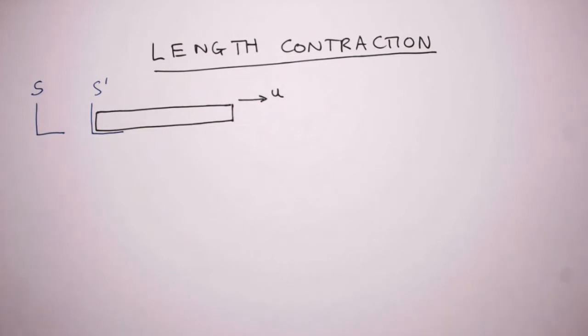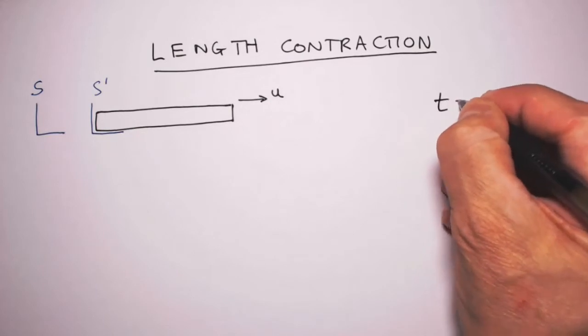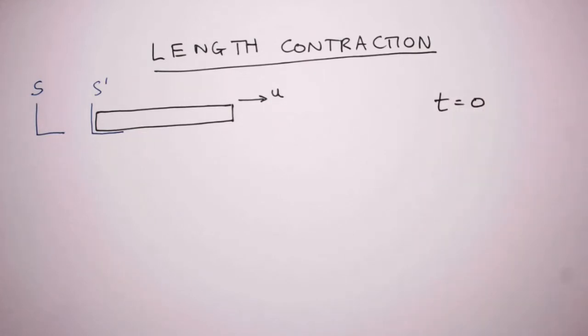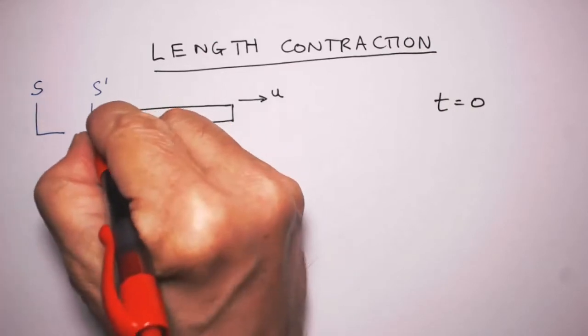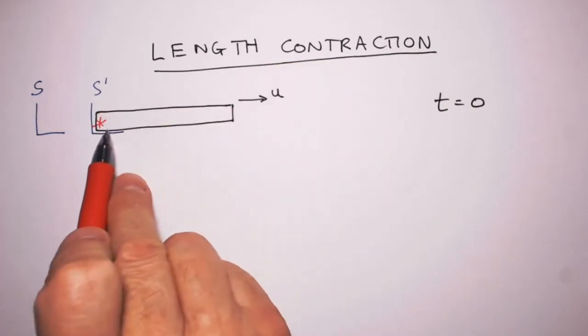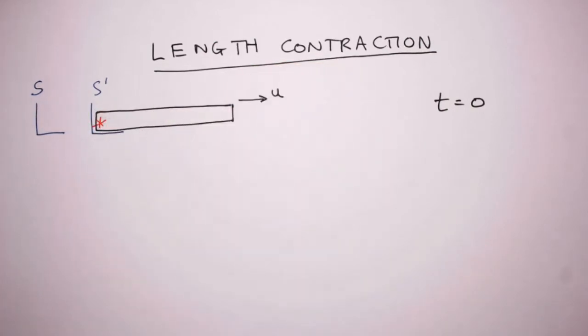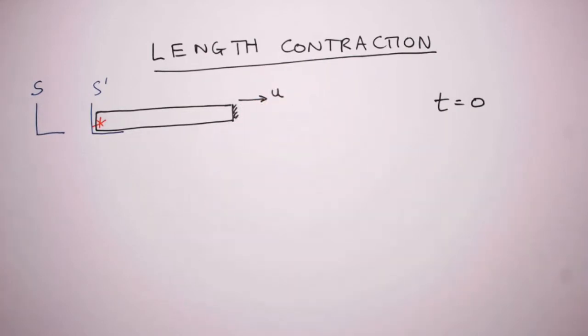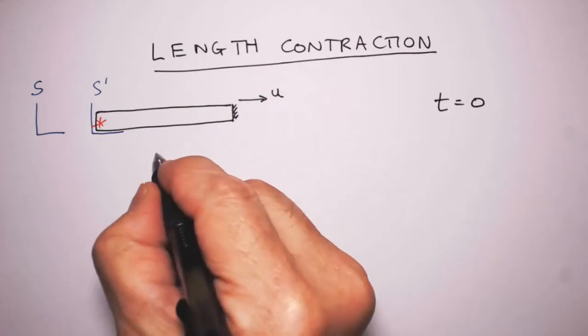So let this be at t equals 0 in the S frame. There is a flash of light, and this light signal travels to the right towards a mirror, and it takes a certain amount of time to do that.